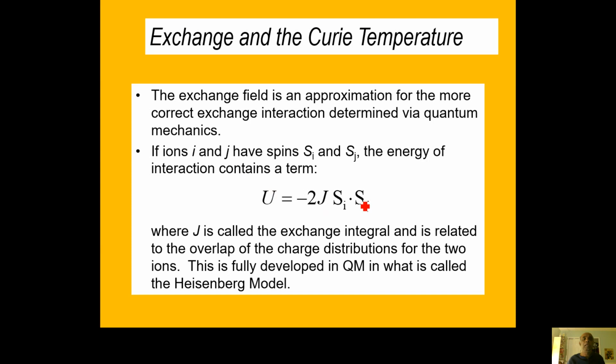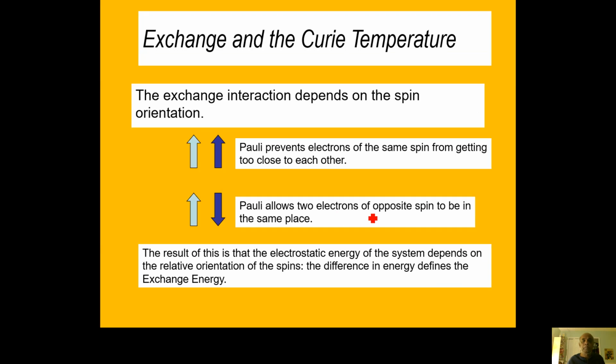These are vectors, right? So this J is called the exchange integral or the coupling constant. If J is positive, that means we are talking about ferromagnetism. If J is negative, that's antiferromagnetism. So this is basically the Heisenberg model for spins.